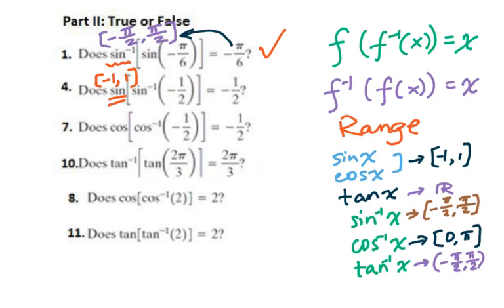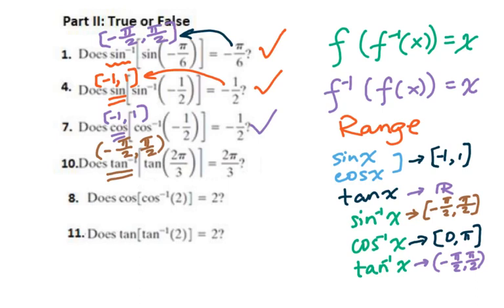Negative 1 over 2 is in this range, so this is true. For number 7, same thing. It's negative 1 to 1. That's true.